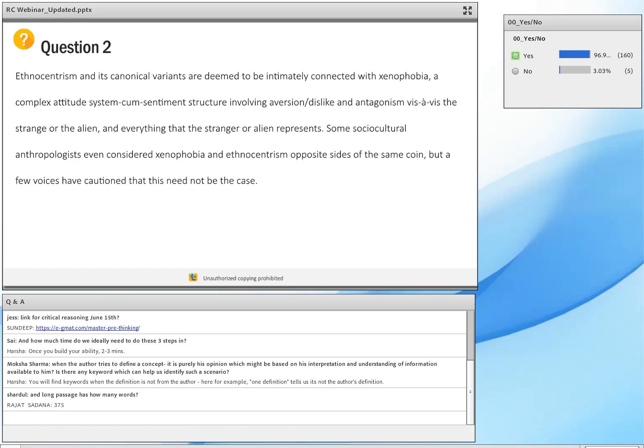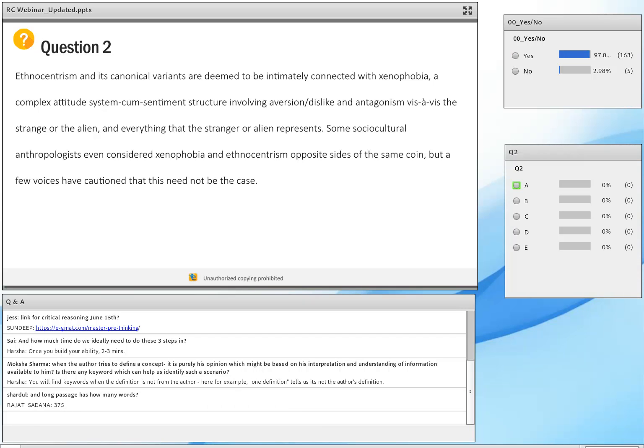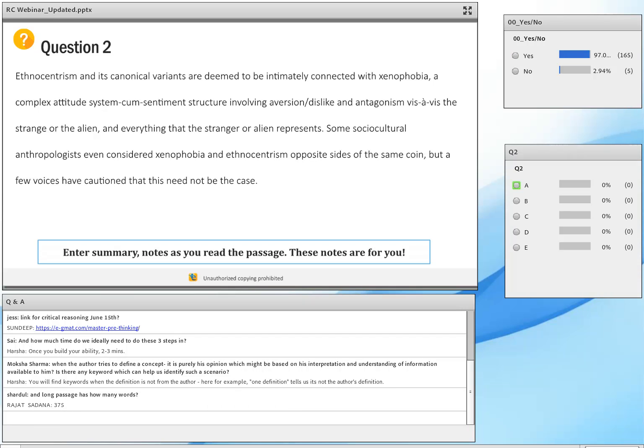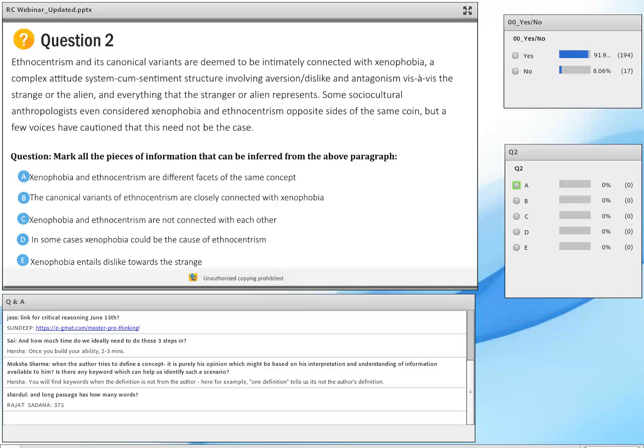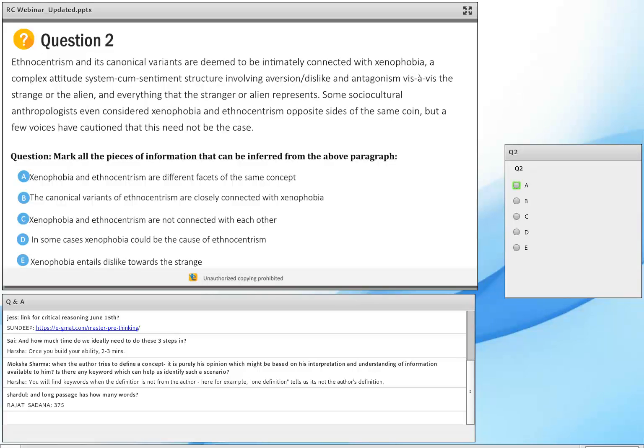All right, everyone's done. So I'm going to put in my second question over here. Here is the second question. Let me remove broadcast results.